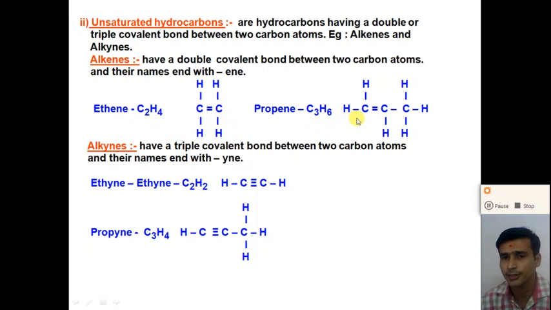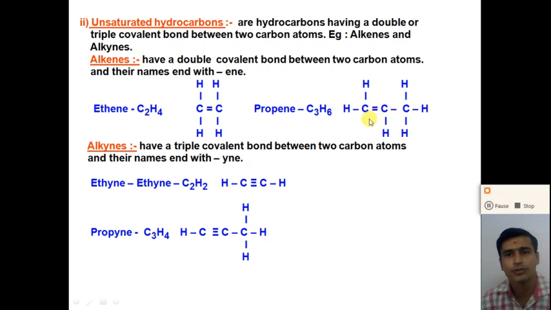Similarly, if we consider 3 carbons, any two carbons make a double covalent bond, either this one or this one, right? And the other valencies of the carbons are fulfilled by hydrogen atoms. So here are C, C, C, 3 carbons, and between these two C there is a double bond.